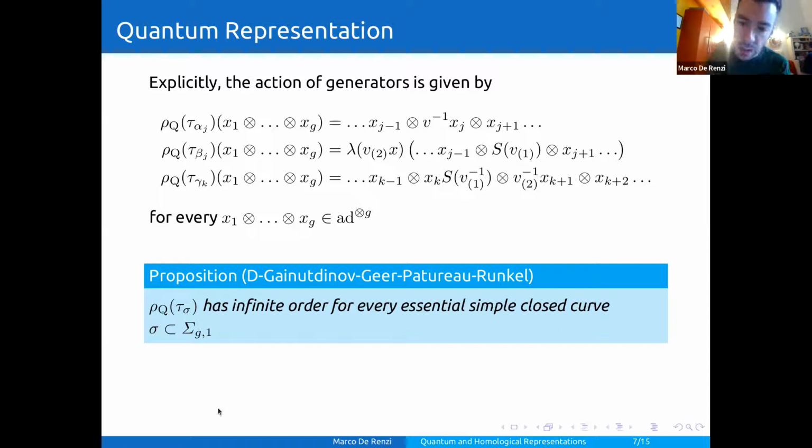Right, very good. So this is more or less all I wanted to tell you about the quantum side of the construction. I decided not to explain the universal construction approach. First of all, because you already saw the universal construction a little bit in this conference, and also because I would like to save some time to tell you something about the homological side.